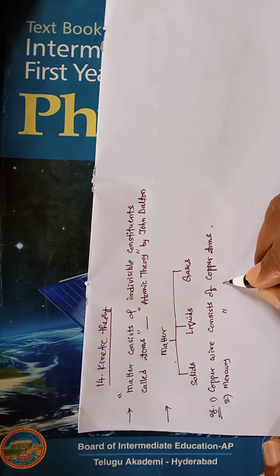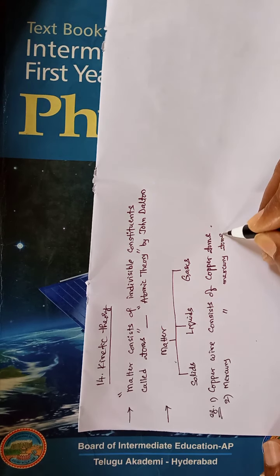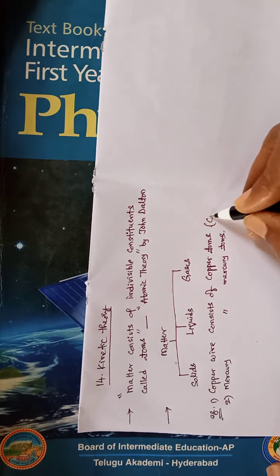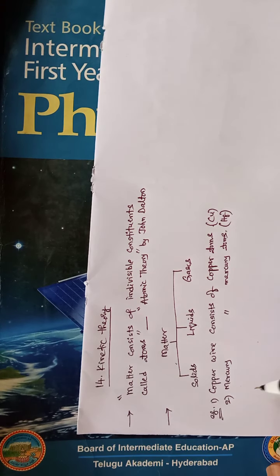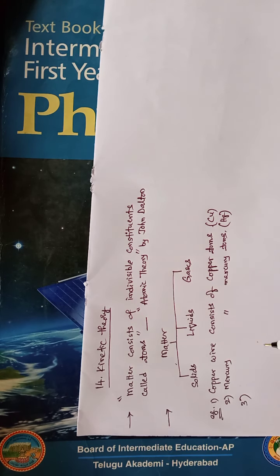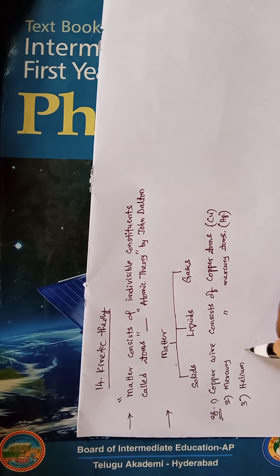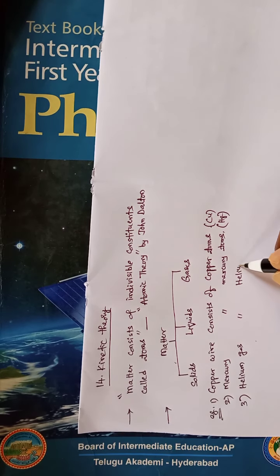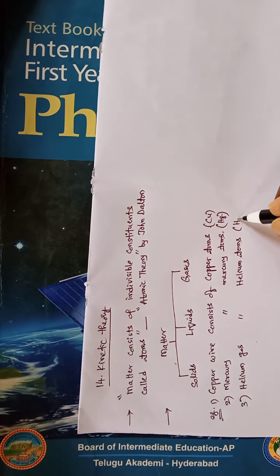Mercury consists of mercury atoms. Here the symbol is Cu. Here the symbol is Hg. And let us take an example from gas. Helium gas consists of helium atoms. The symbol is He.